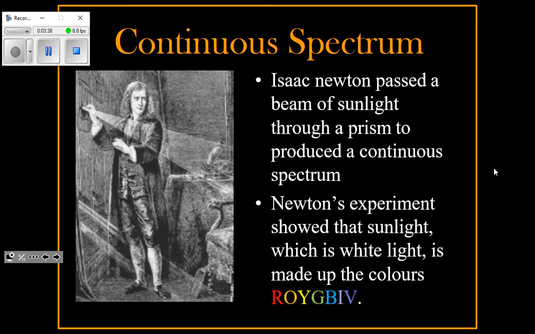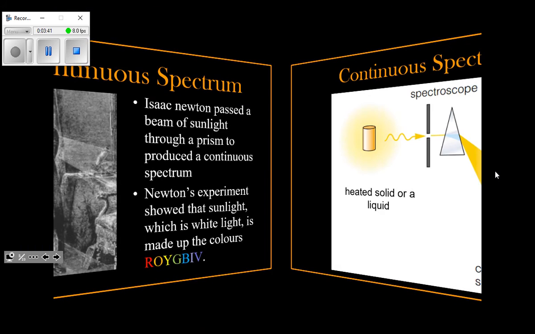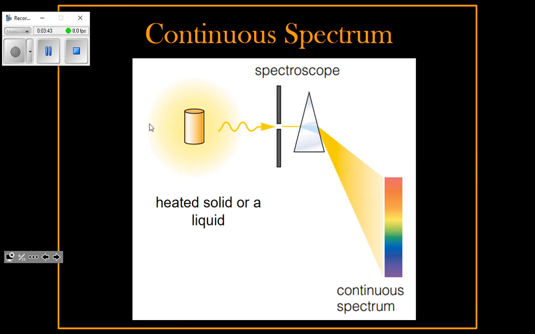So, the continuous spectrum. How do we produce it? We produce it by taking a solid. Now, if you look at the textbook, they're going to talk about a gas under pressure, which of course works as well. But generally in high school science, we make reference just to a solid or a liquid that you heat up very, very hot, and pass that through a prism, or it could be a diffraction grating.